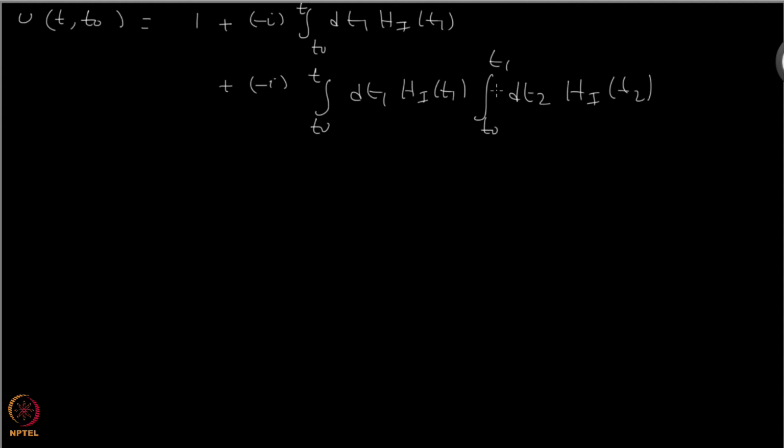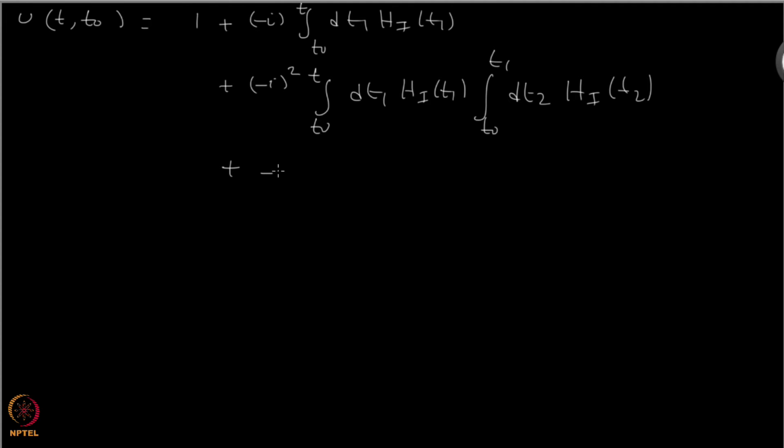So you should read it like this, because here you have to do the t2 integral first and the limits go from t naught to t1, but t1 is the integration variable here, right? So now you are doing the integral over t1, so this has to be maintained. And then let me write one more term here.